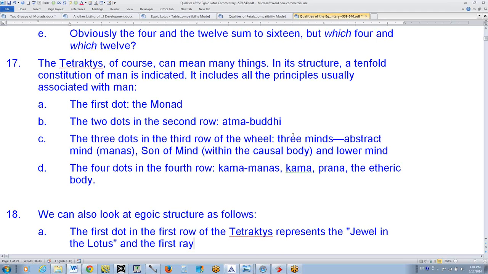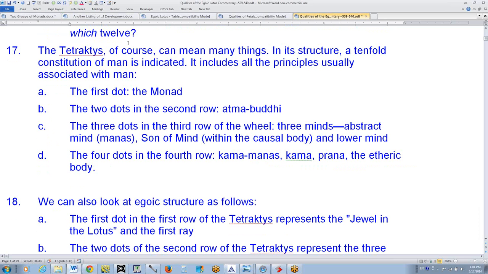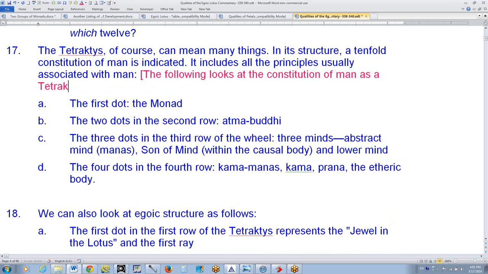So we can find a way to look at this, looking at the constitution of man in terms of the Tetractys. And yes, let's get that.